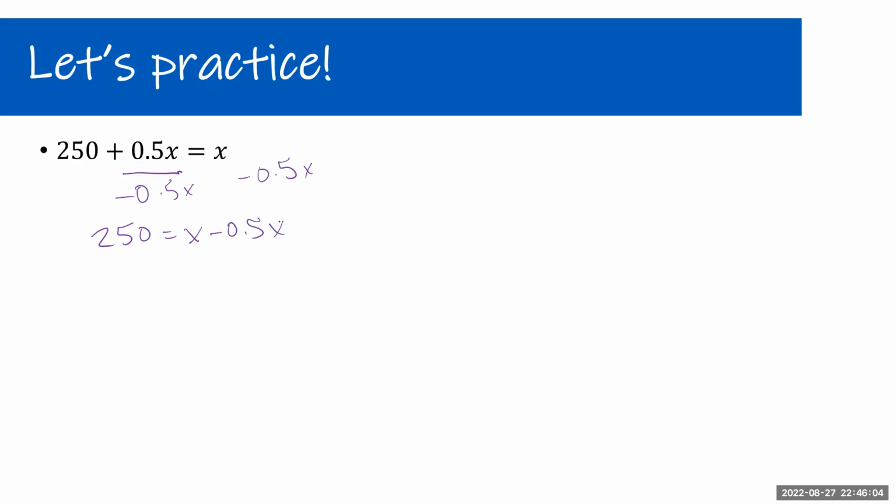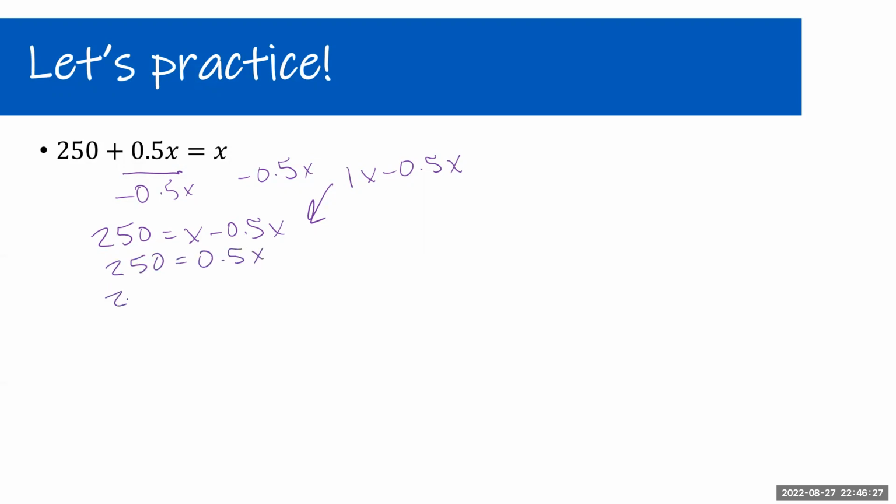Now, 1x minus 0.5x is just going to leave us with 0.5x, okay? We have 1 whole x minus 1/2 x. We're left with the other half of x. So this is going to say 250 equals 0.5x.